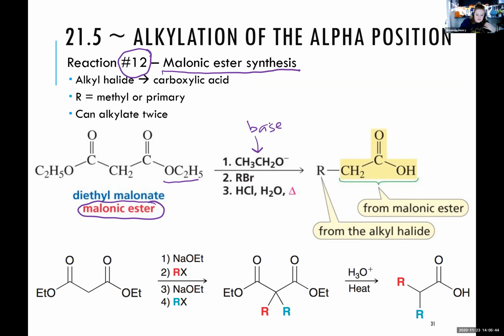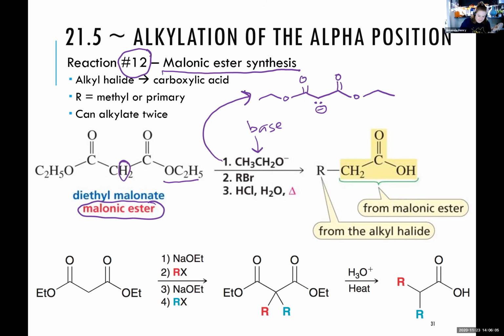What that base is going to do is take off one of these alpha hydrogens. So we're going to end up with this as a nucleophile. This is after step number 1.